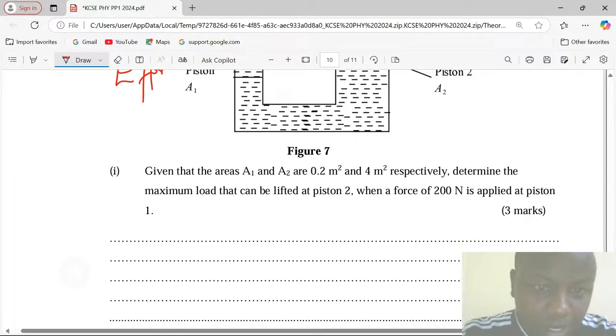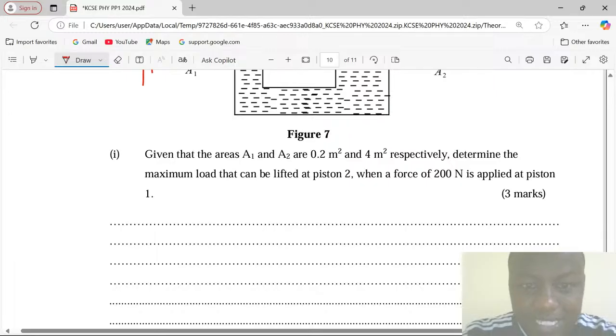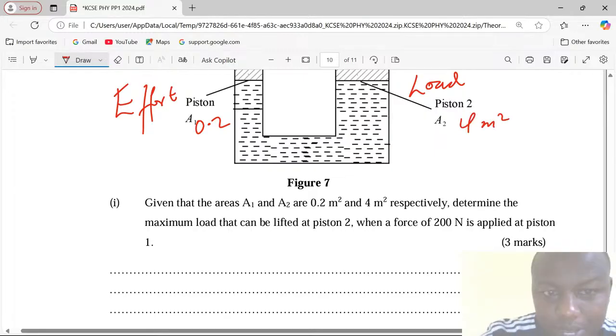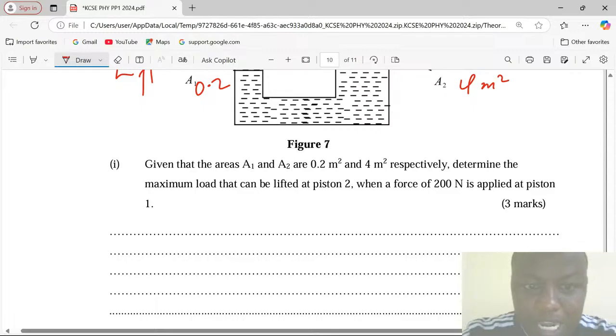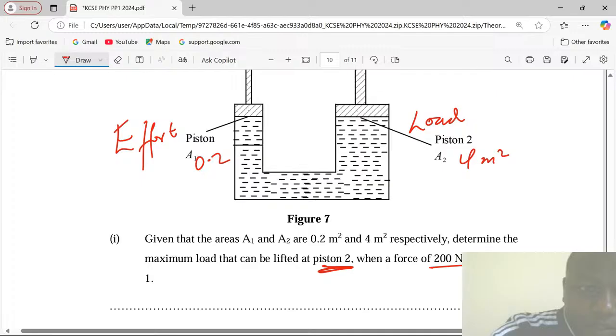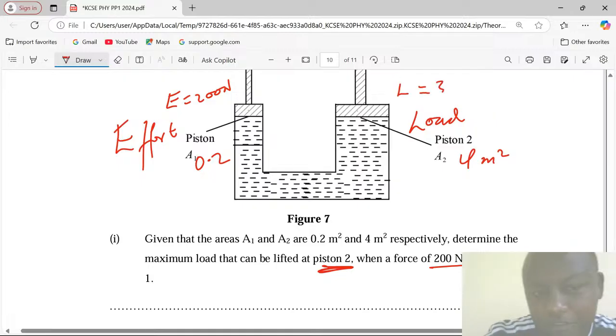But look, given that the areas A1 and A2 are 0.2 meter squared and 4 meter squared respectively, determine the maximum load that can be lifted at piston 2 when a force of 200 Newton is applied at piston 1. So the effort, in other words, is 200 Newton.